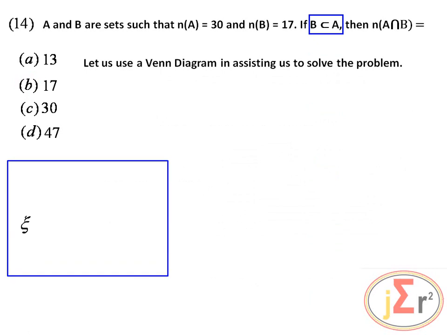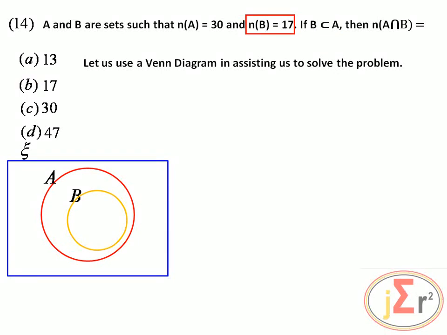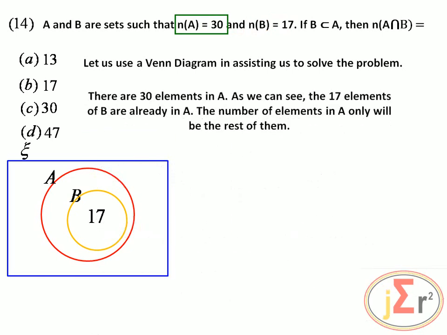B is a subset of A, so we put B inside of A. n(B) is 17, so we put 17 elements in B. n(A) is 30, so there are 30 elements in A. As we can see, the 17 elements of B are already in A. The number of elements in A only will be the rest of them, which is 30 minus 17, equal to 13.